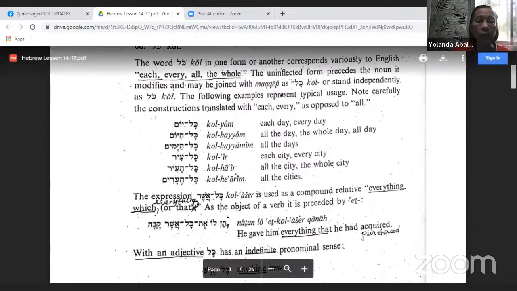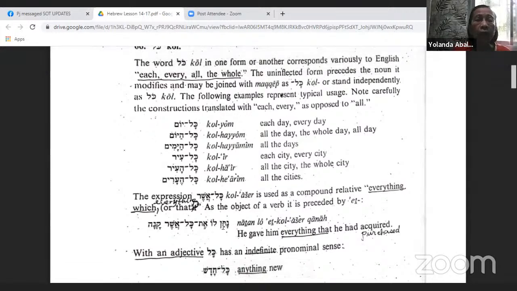All right, here is our example. Natan lo et kol asher kana. Natan, he gave. Lo, this is L-O, to him. Et kol asher, everything that.